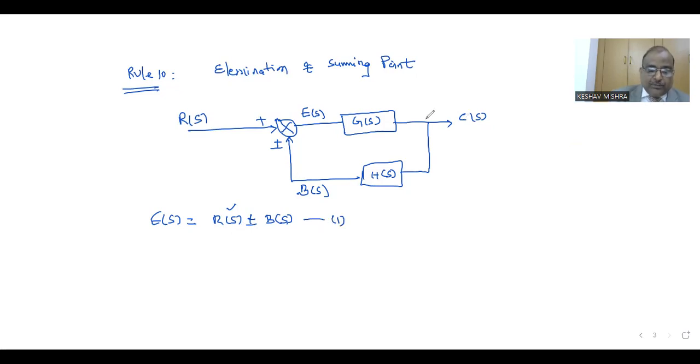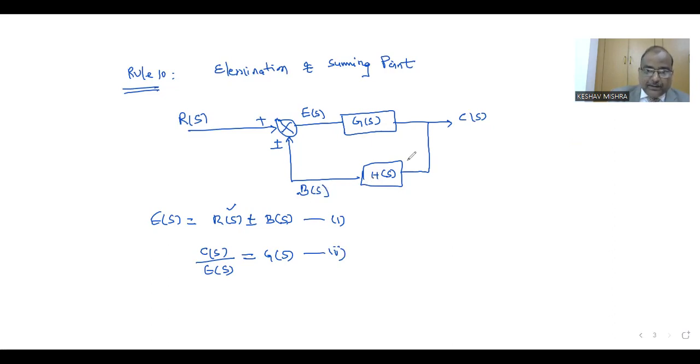Then the forward path transfer function is GS. So this GS is the ratio of output CS to the input to this block, which is ES. This is equation number 2. This output is the result of this feedback path.